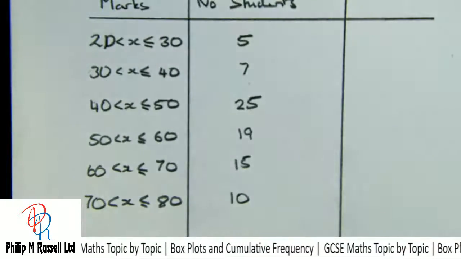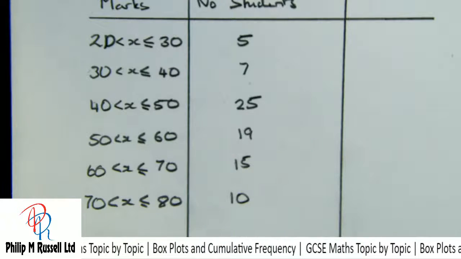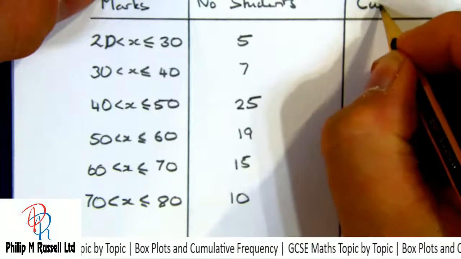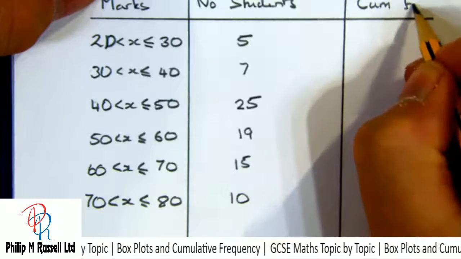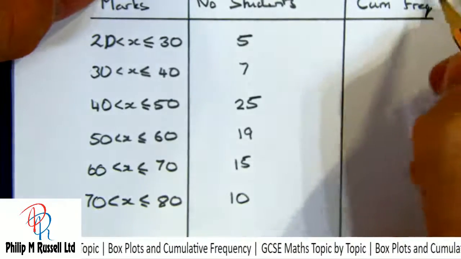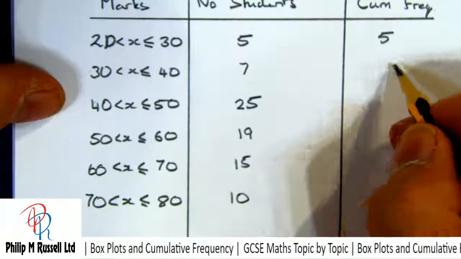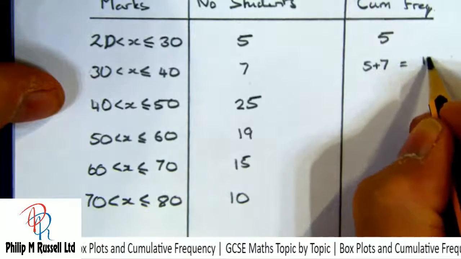I have no idea how many students we had here. Let's see if we can work out how many students. And this here is going to be what we call the cumulative frequency. So my first number is going to be 5. This one is going to be 5 plus 7, which gives me 12.